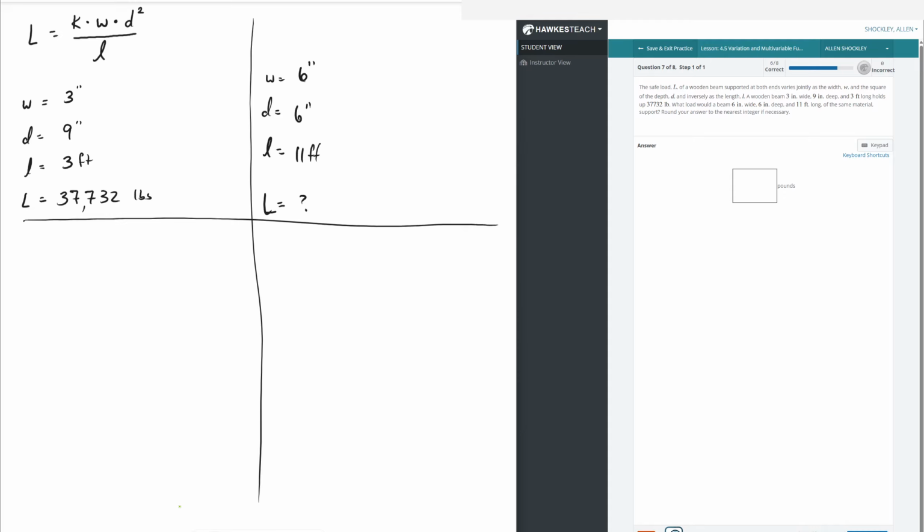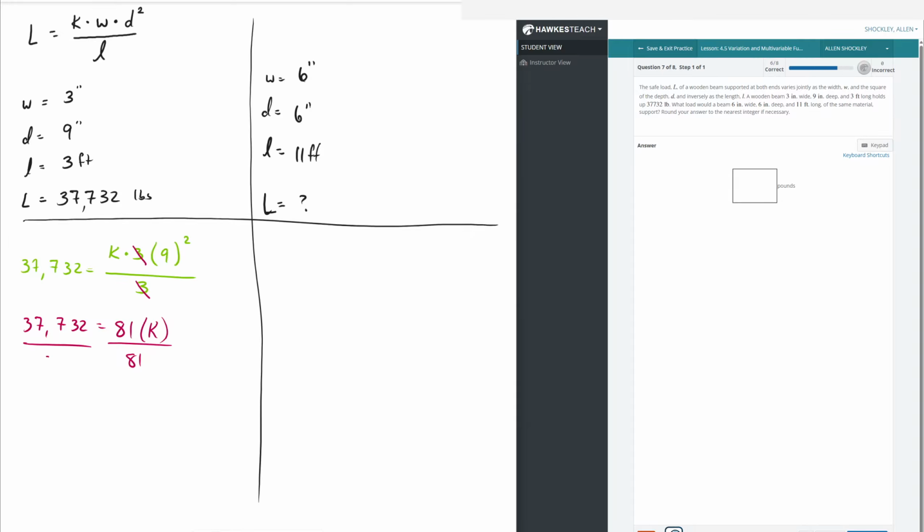So 37,732 equals K times 3 times 9 squared over 3. Math says that if I multiply something by 3 and divide by 3, they didn't really do anything. So now I have 37,732 equals 9 squared, which is 81, times K.